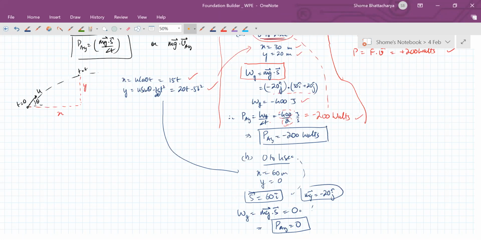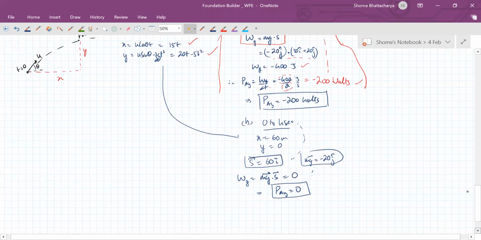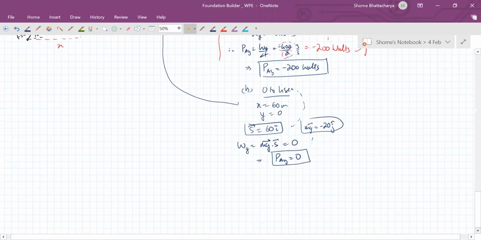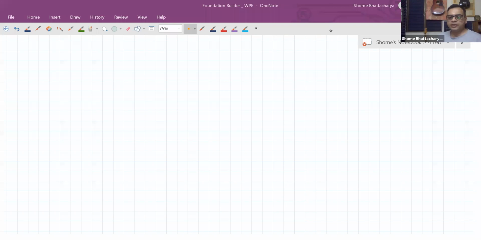Now the final thing about power that we should understand is what about the net power? If there are n number of forces acting on a particle or on a body, then we know how to calculate the instantaneous power by any one of them. But what about the net power? Let's understand that.